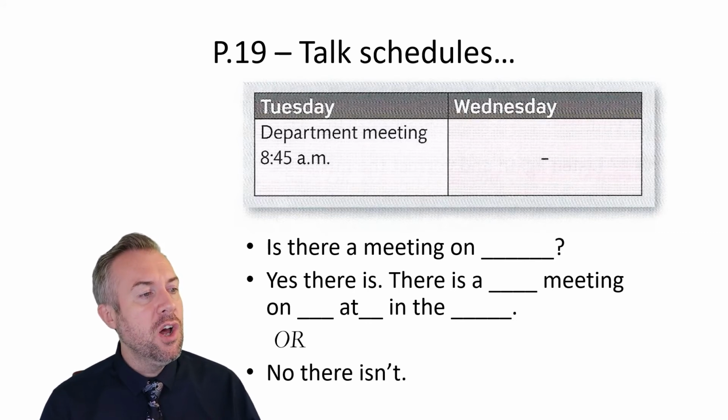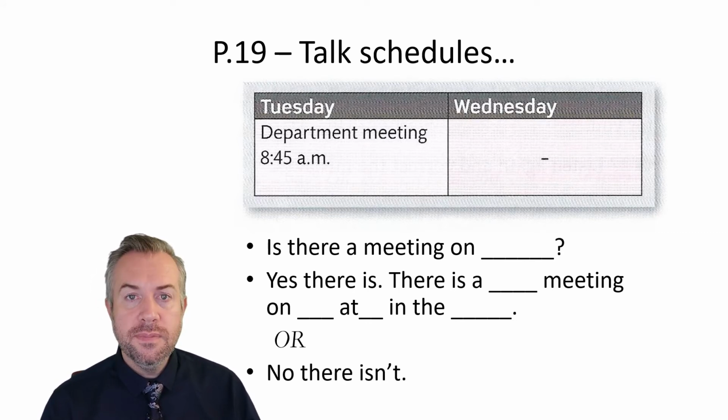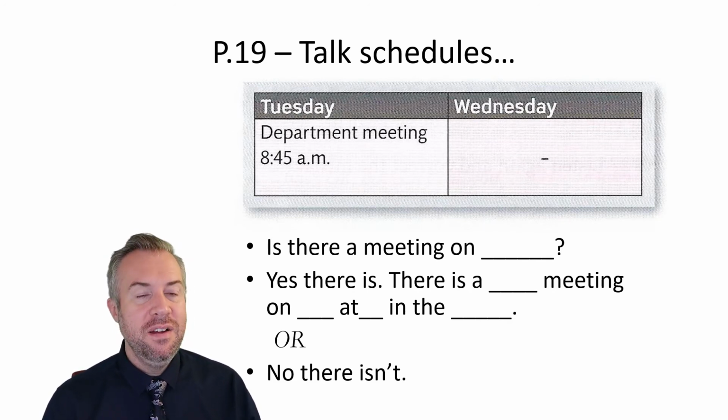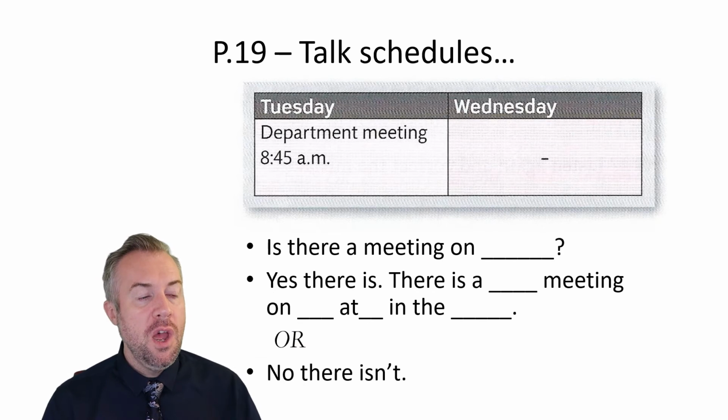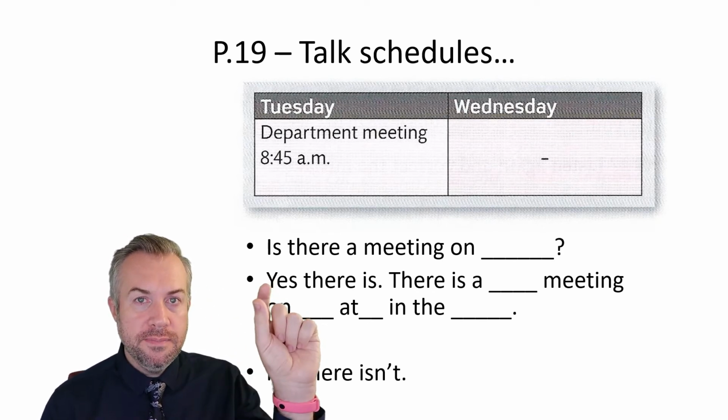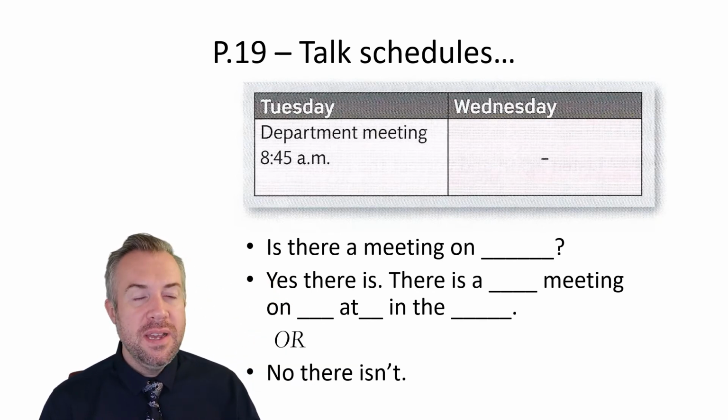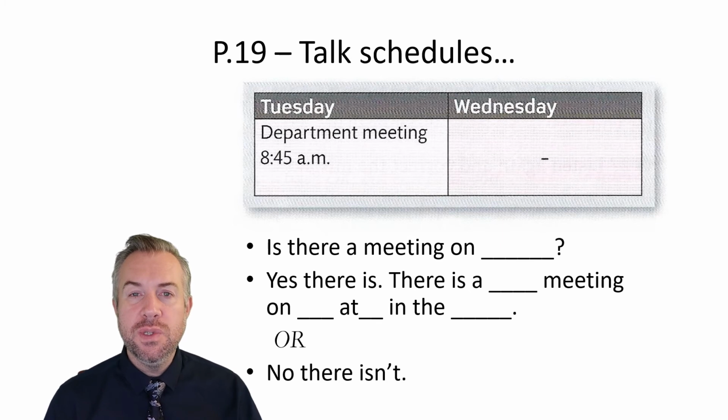Is there a meeting on Tuesday? Yes, there is. There is a blank meeting on blank at blank in the blank. 4 blanks. Yes, there is. There is a department meeting on Tuesday at 8:45 in the morning. That is the answer for Tuesday.